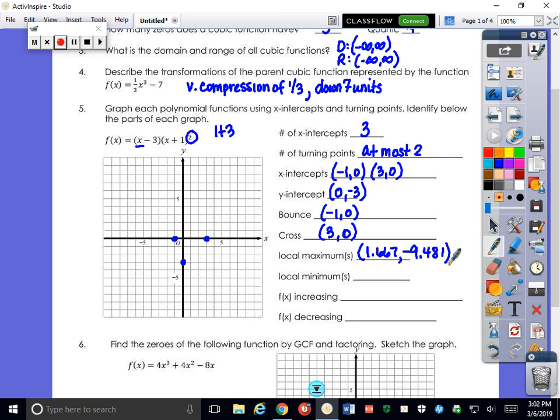Okay. Oh, just kidding. That was our minimum, and I put that on the wrong one. Sorry about that.